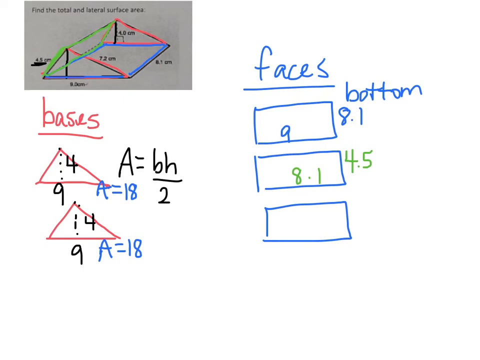All right, so that was kind of the back. And now we've got to do the front. And that's going to be this piece right here. So we know that this length is 7 2/10, and this length is 8 1/10. So now all I'm going to do is find the area of each and combine.